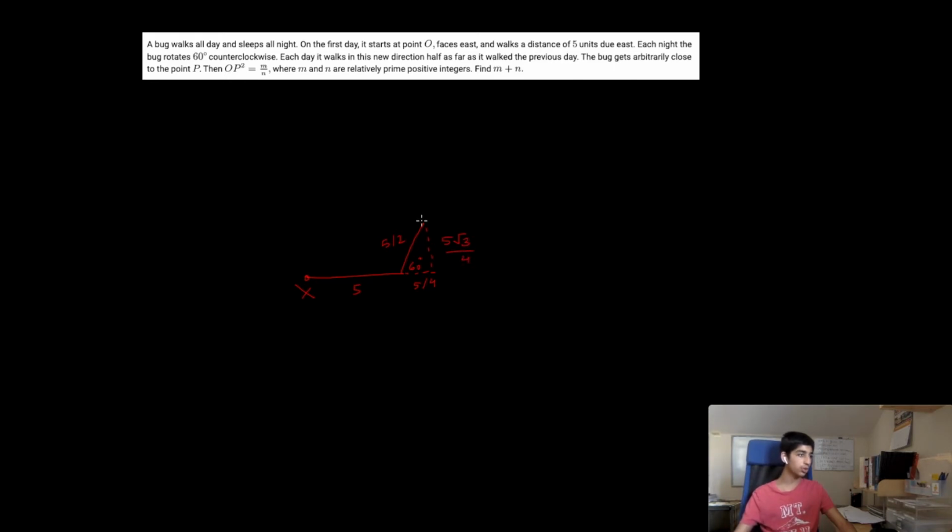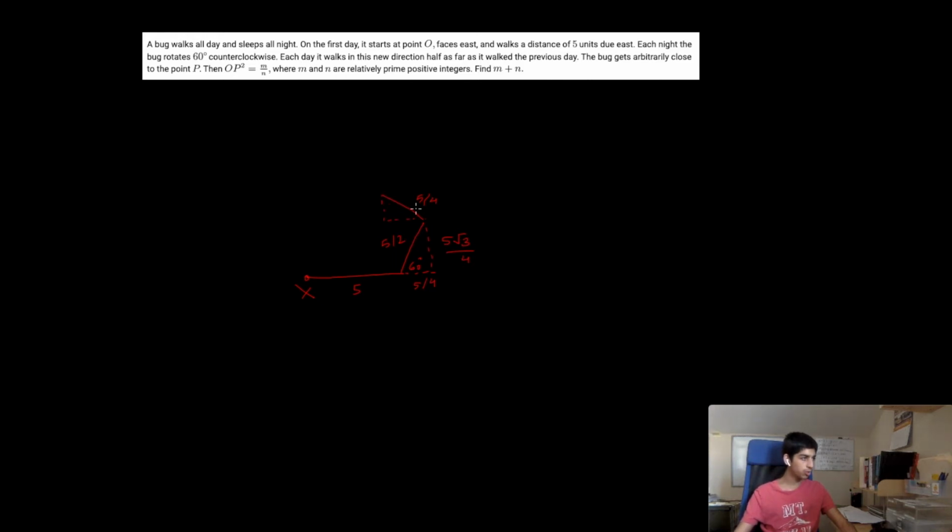We can keep doing this process and see if we notice something that can help us. So for the next day, the bug would move like that. And then we can draw a 30, 60, 90 triangle again just by drawing that. And we know that this is going to be 5 fourths, because the previous day the bug walked 5 over 2 units.